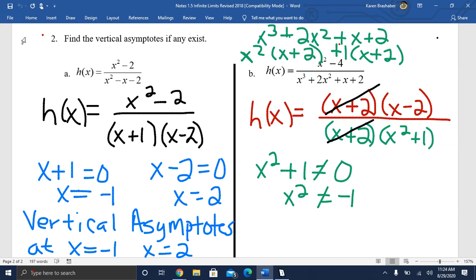And so we have no factor that is causing us to have a 0 in the denominator. And so therefore, this function does not have a vertical asymptote. So no vertical asymptotes.